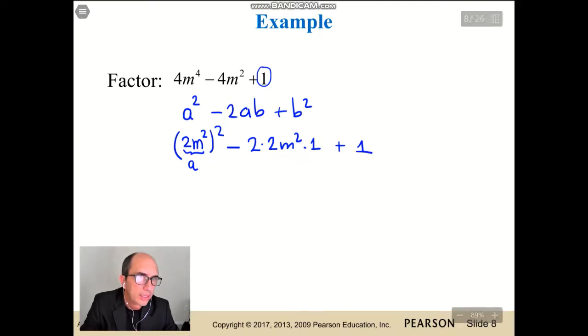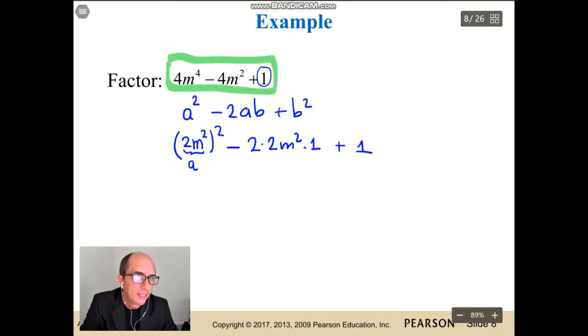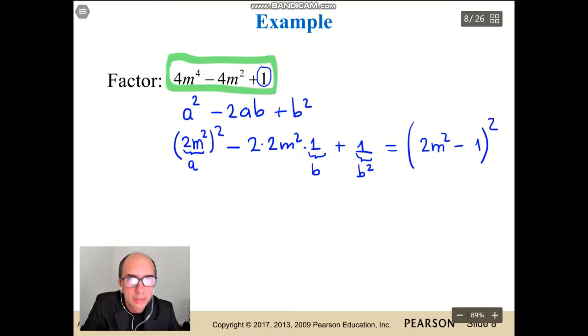And check it out, it's the same thing that we have in the original expression. This is a, this is b, and we can rewrite it as 2m squared minus 1, squared.